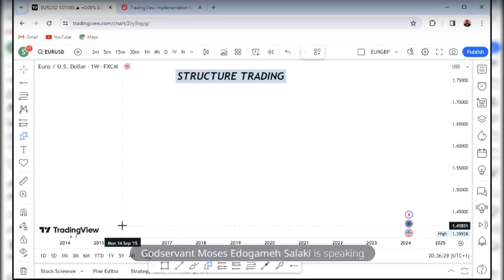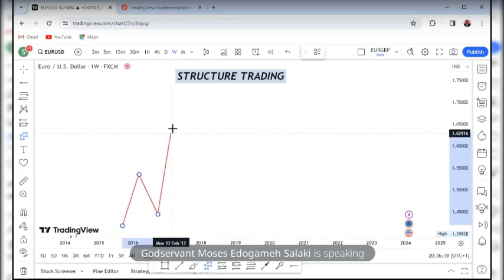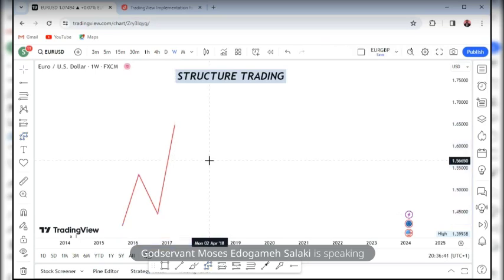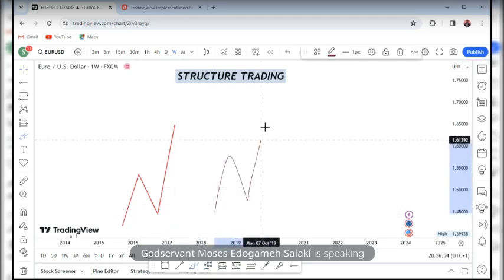So if we are bullish, for instance, you want to see an established trend. Like I taught in the last class, you want to see an established trend. That's why I will tell you it must be a series of higher highs and higher lows. It's not just one move. No, it must be a series.